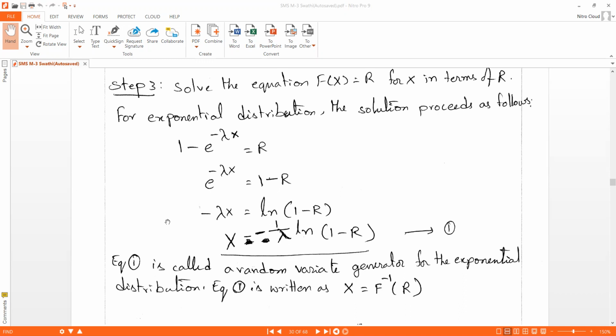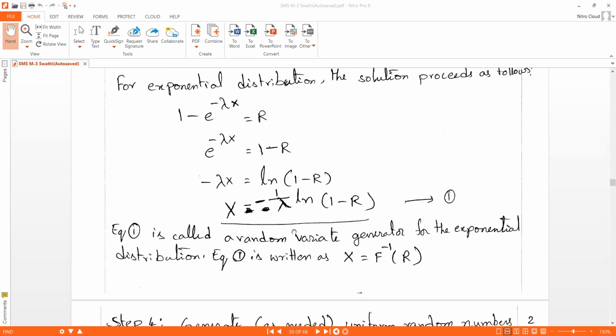Remember this equation: x is equal to minus 1 by lambda into ln of 1 minus r. We are naming it as equation 1. This equation 1 is called a random variate generator for the exponential distribution.